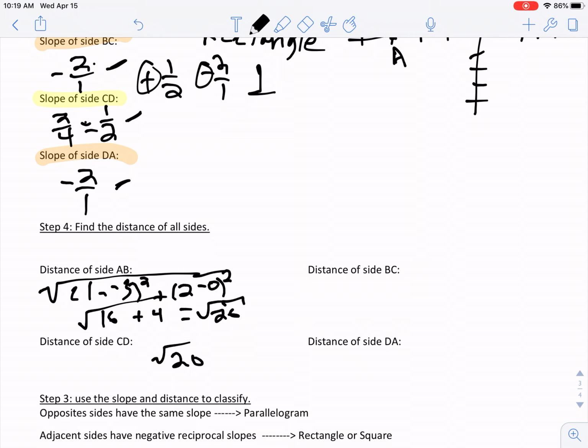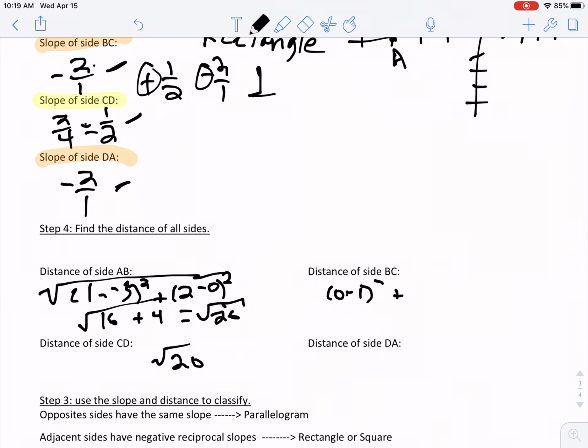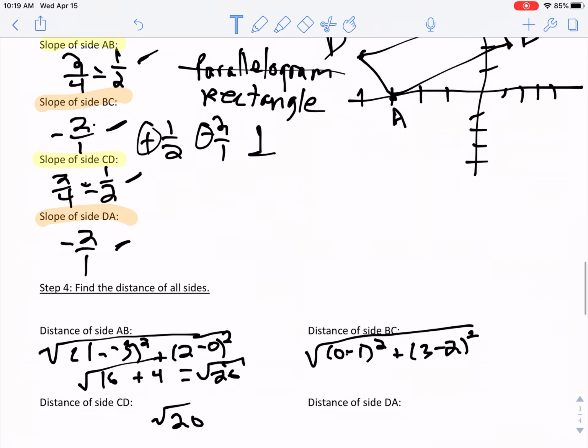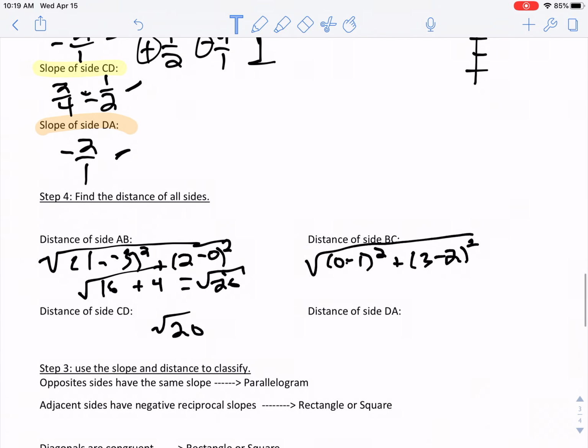For B to C, we got the square root of 0 minus 1 squared plus 4 minus 2 squared.